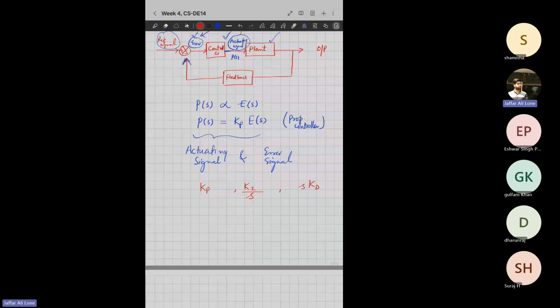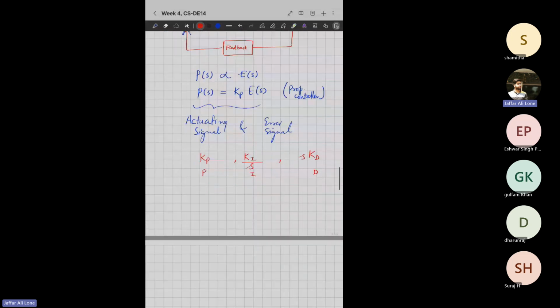So this is my P, this is my I, this is my D. Now, if it is a combination of proportional and integral, my controller effect will be something like this, Kp plus Ki by S. This is my PI controller. If it is a combination of proportional and derivative, it will be something like this. It will be PD controller.